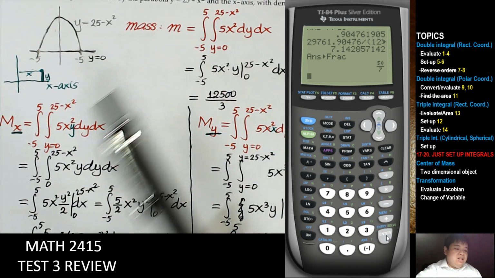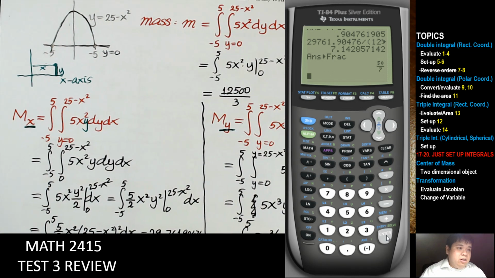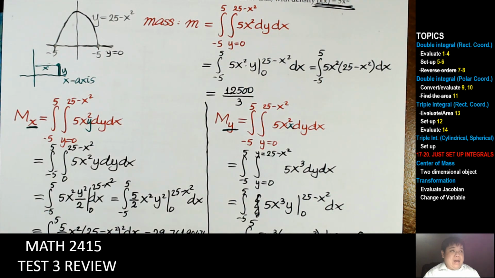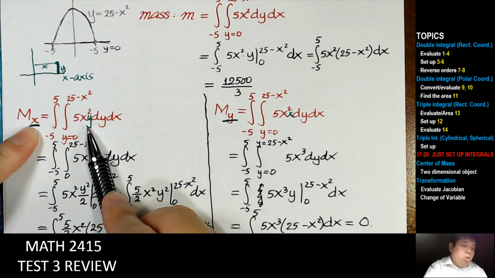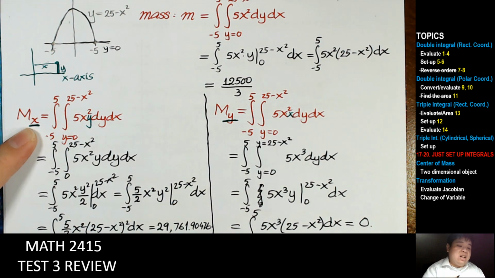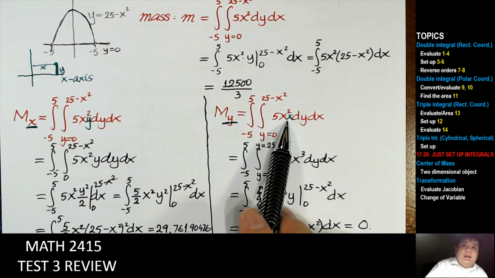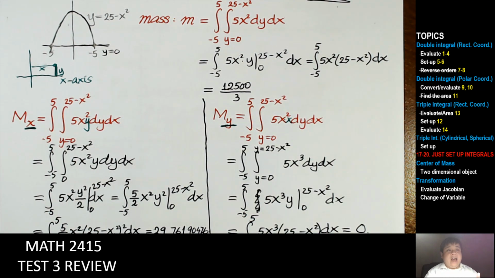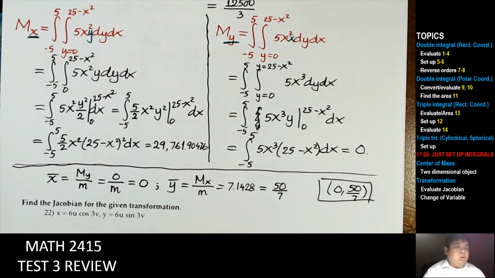Right. So the mass is just the integral, the area, but with the density. Density times area is the mass. For Mx, we stick the y because that's the distance to the x-axis. For My, we put the x in it because the distance to the y-axis is x. Do that integral.